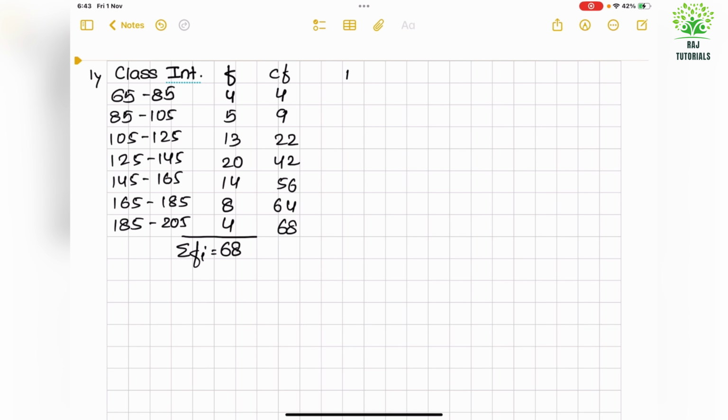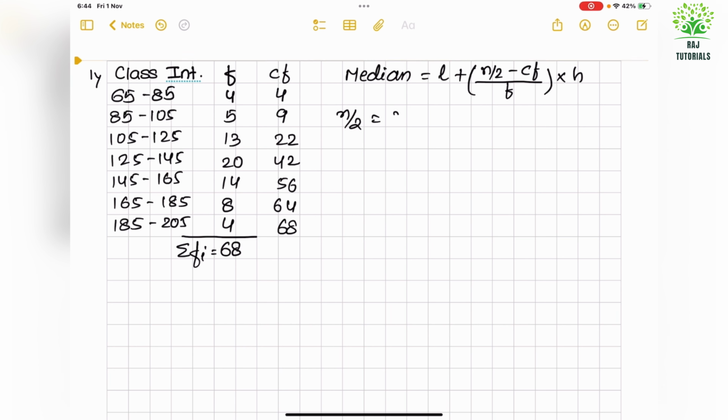Now I have to find the median. So the median formula is L plus (N upon 2 minus CF) upon F into H. Now I have to find first N by 2.